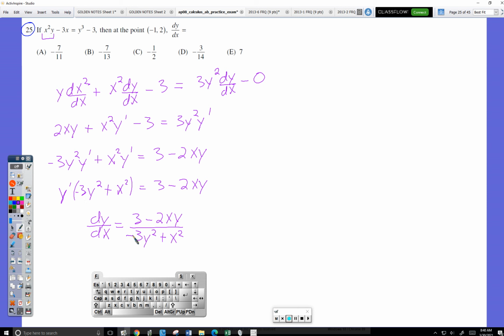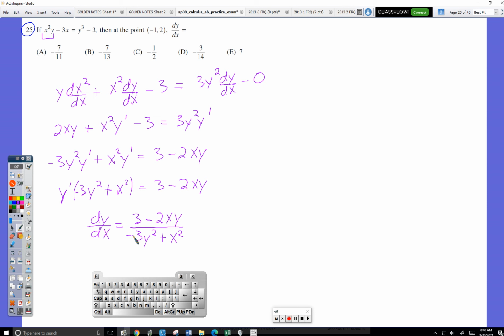Question? Okay, not another mistake. Oh no. Since you're trying to find y prime at a certain point, (-1, 2), could you at any point after you've done the derivative plug those numbers in and then solve for y prime?